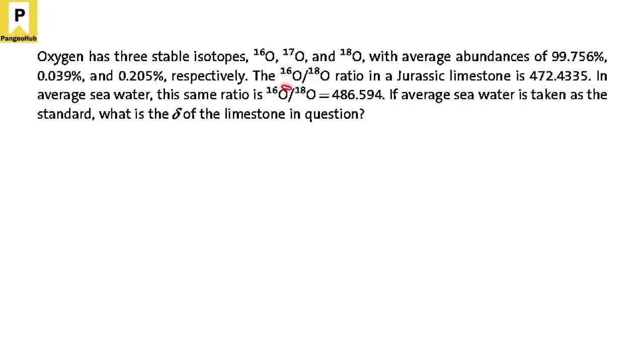We have to reverse it in our equation, because it is 16O by 18O that is given here. So what will be the 18O divided by 16O? It is 1 by this value, and for the seawater, obviously, this one.